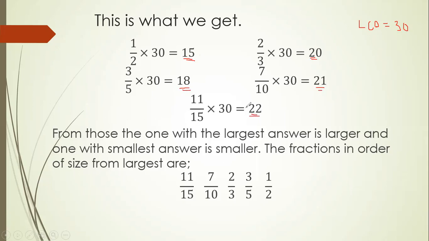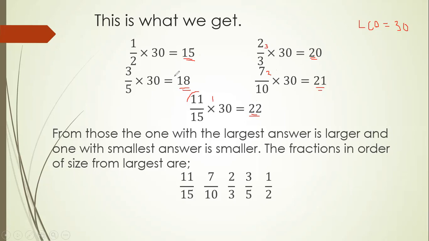From these, the fraction which has the biggest answer is the one which has the biggest value as a fraction, and the one with the least is the one which has the smallest value as a fraction. From here, we realize that this fraction here is the biggest, so this will take position 1. Since we are arranging from the largest, this will take position 2.